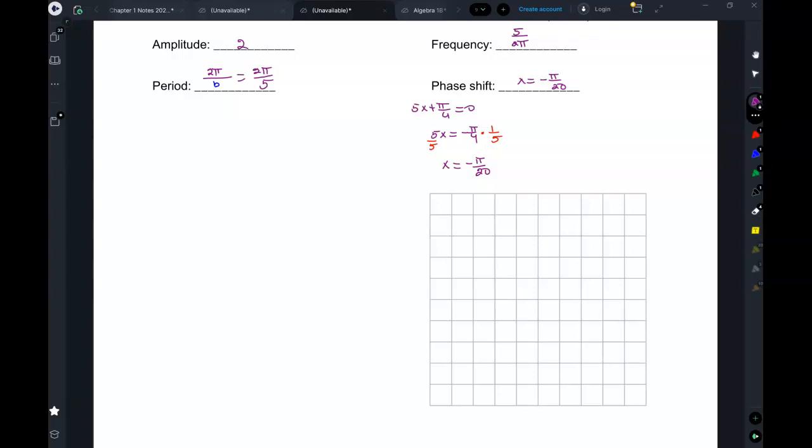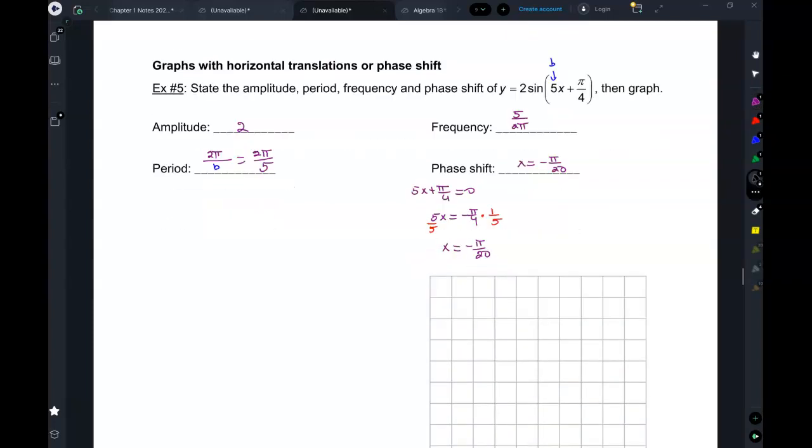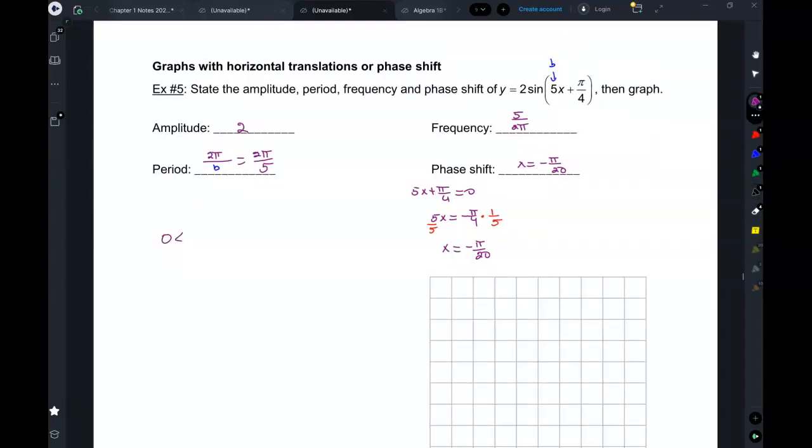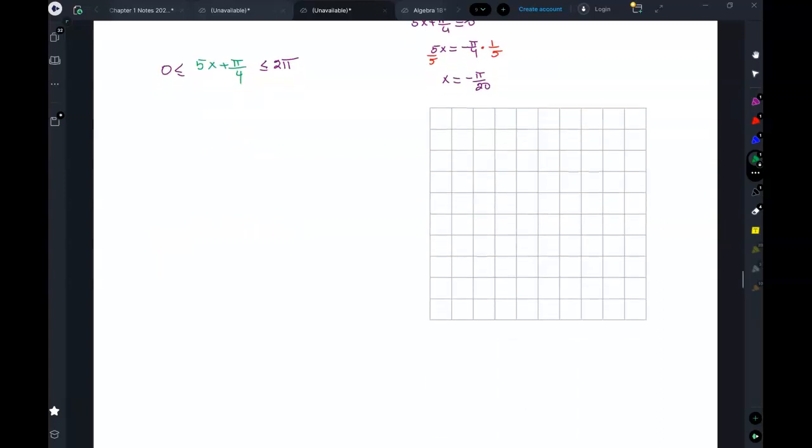So now we have to figure out where we're going to start. What we're going to do is the following. We're graphing a sine. The default period is from 0 to 2 pi. Inside of this, I put 5x plus pi over 4, and now I'm going to solve for x. Subtract pi over 4.